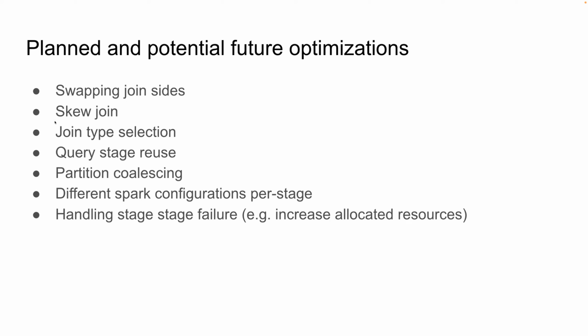You can say, oh, I already created this stage. I don't need to run it again. So yeah, those are some of the optimizations we're thinking about. And that's all that I had. Does anyone have any questions?